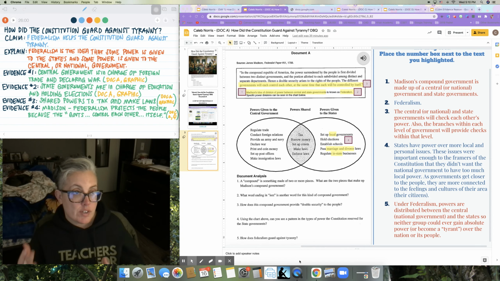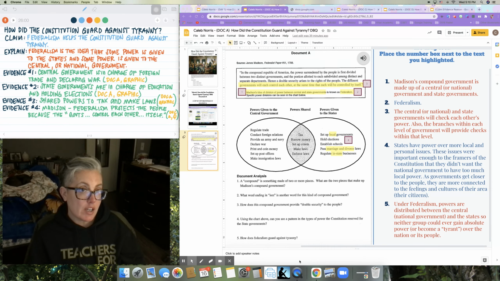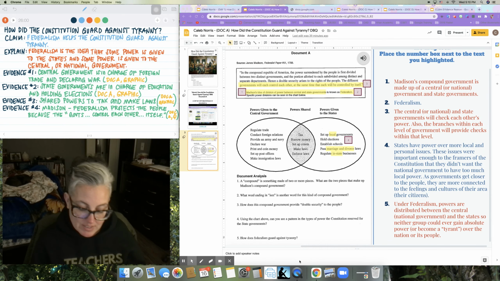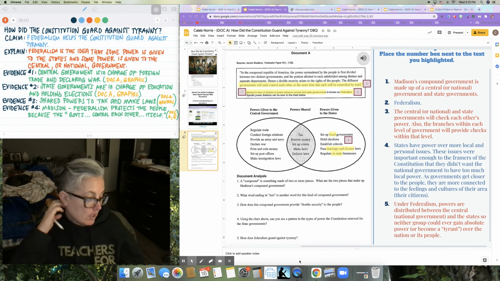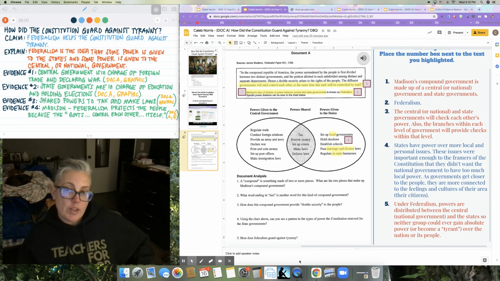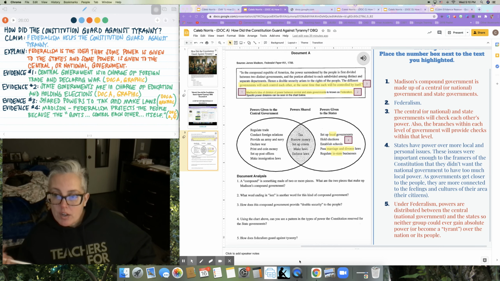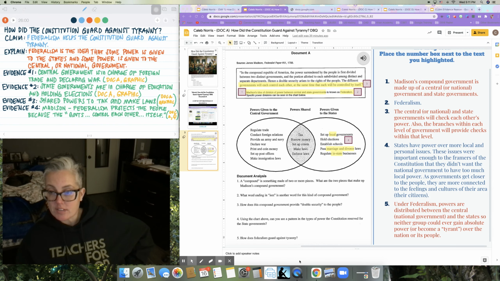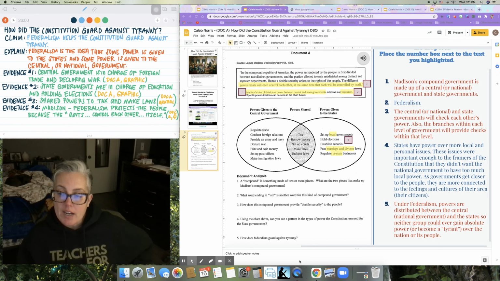All right. So now we've made our claim, we've given our evidence, and the last thing we need to do is tie it all together with our reasoning. So I feel like the best reasoning is right there in what we wrote on this document. So number 5 says, under federalism, powers are distributed between the central, the national government, and the states, so neither group could ever gain absolute power or become a tyrant over the nation or its people.